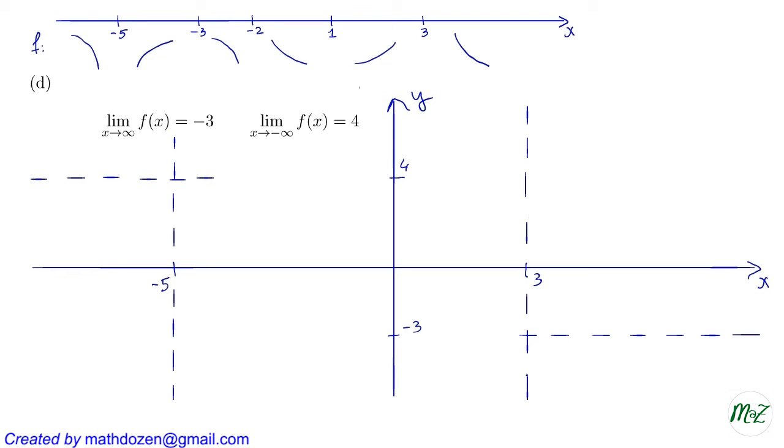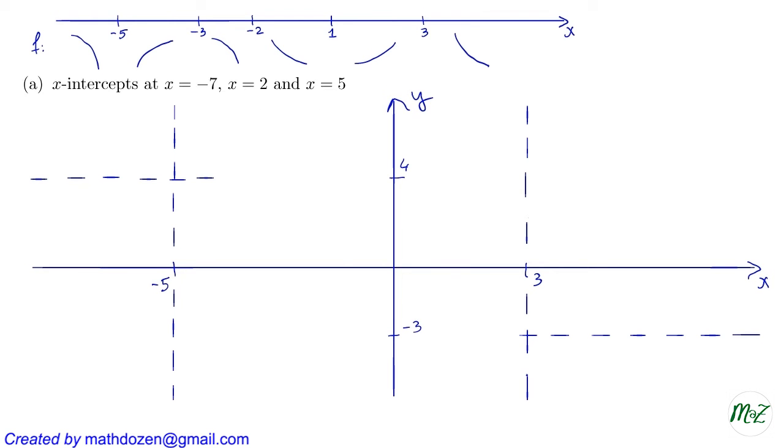Then moving on with the rest of the items, we have the following. For item A, we have the x-intercepts at -7, +2, and 5. So put x-intercepts -7, +2, +5. Then for the next item we have the y-intercept at -7. So it's a little bit off the chart downstairs, but it is -7 somewhere here.